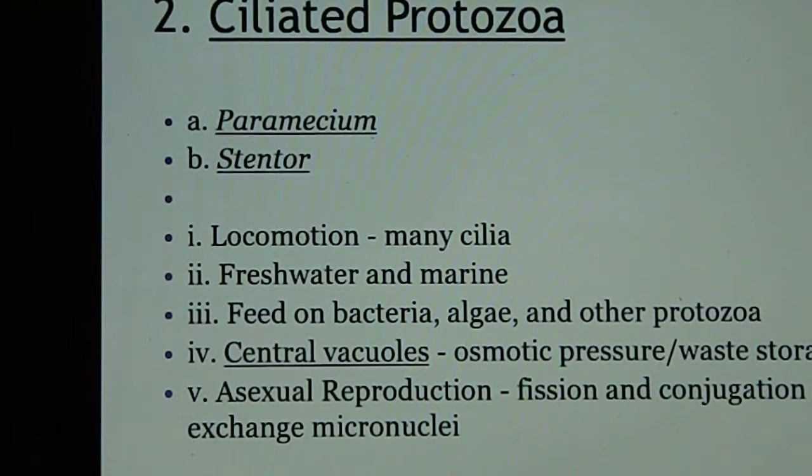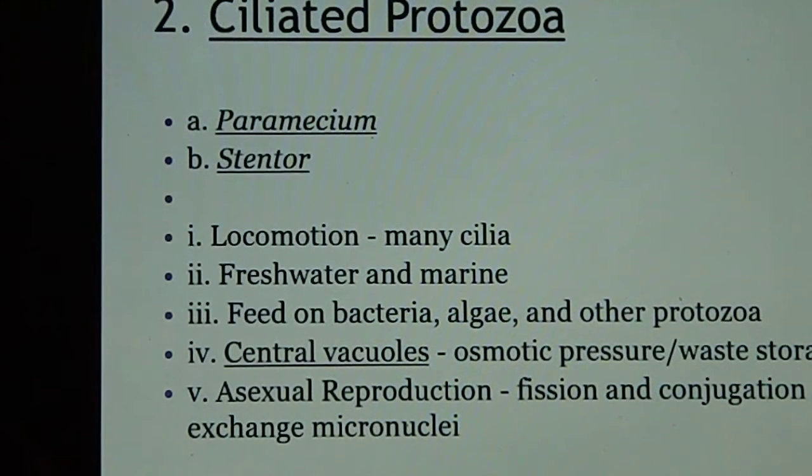The second type of protozoa is called the ciliated protozoa, and these have cilia. Remember chapter 4 we talked about cilia being the short hair-like structures that allow for movement, and they dart around water with these little hair-like structures called cilia.